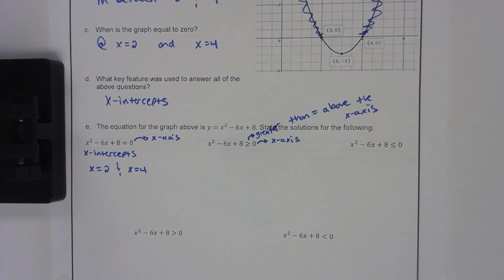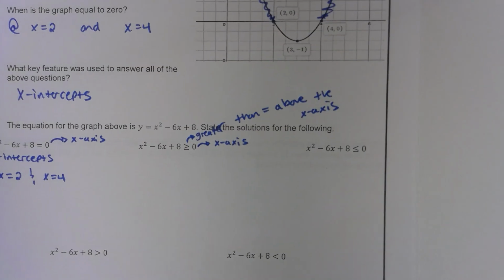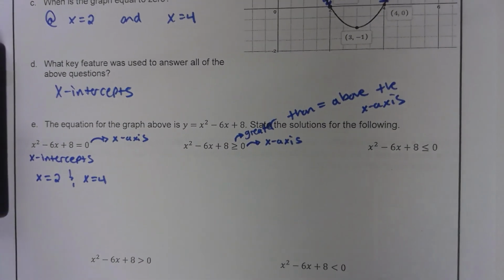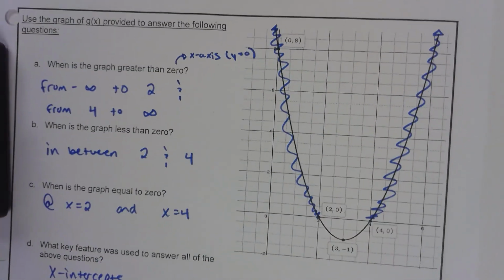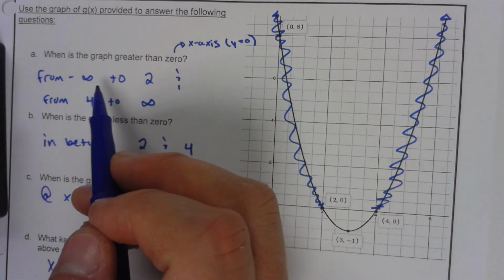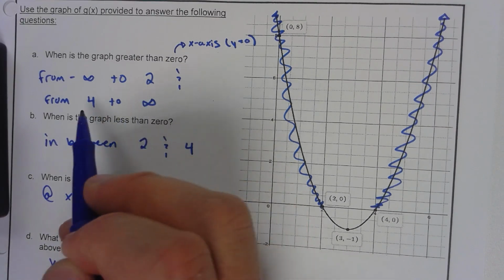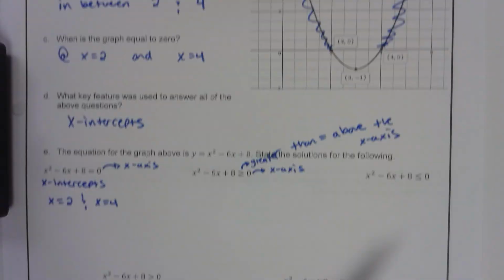So when you solve an inequality that it is greater than or equal to 0, you are stating the x values where we get the graph to be above the x-axis. Well, we identified that here at the beginning. We are above the x-axis from negative infinity to 2, and then from 4 to infinity.